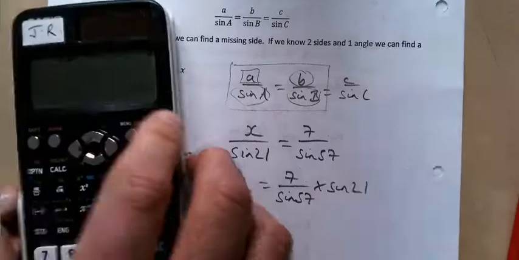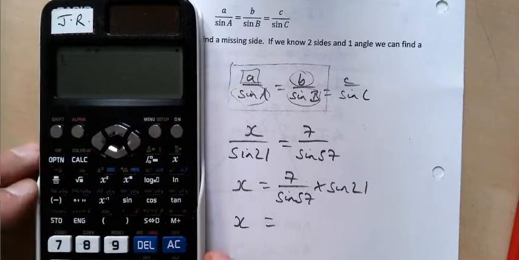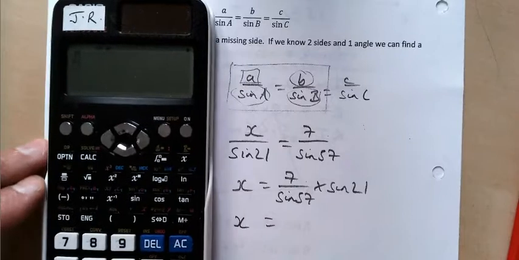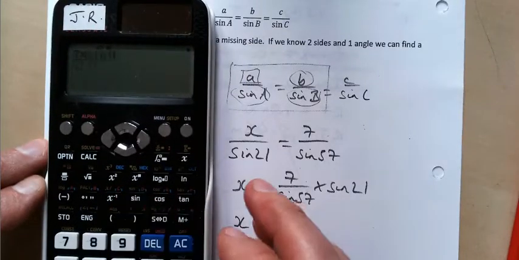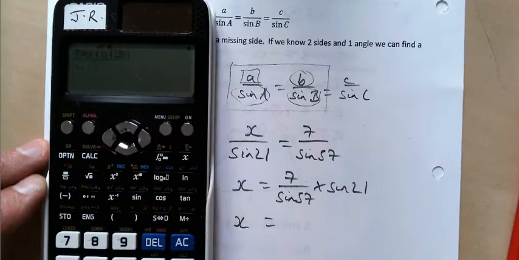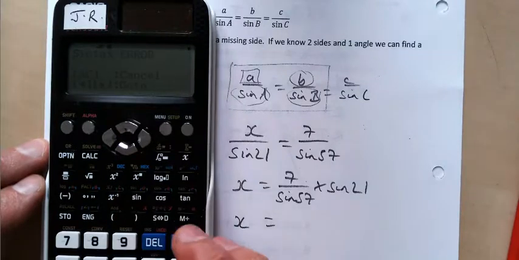So let's see if we can work out a way of putting this into your calculator. I'm just going to go with a big fraction, so we'll go for 7 times sine 21. It's as if I put the sine 21 up on the top there. Hopefully you're happy enough with that. And then that's going to be over sine 57. I'll close that there, see if it's okay. It doesn't like that.